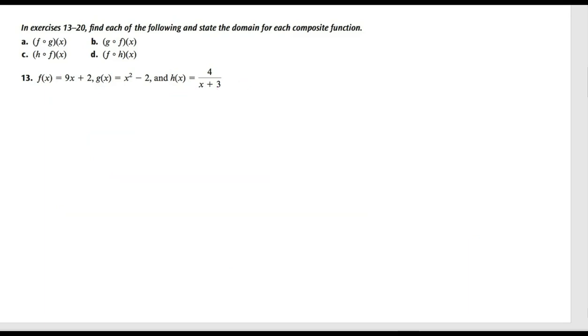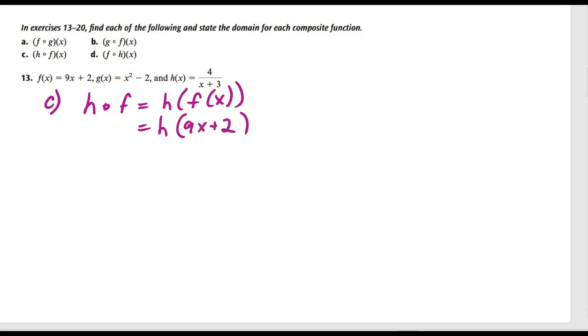All right, let's try part C. Now we're looking for h composed with f. We could write this as h, and then put the f of x as our input. So I could write this as h, and then instead of my input, I'll put my output of f of x. So 9x plus 2. So I write h of x is equal to 4 over x plus 3.